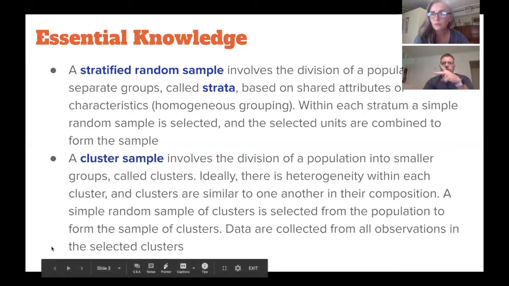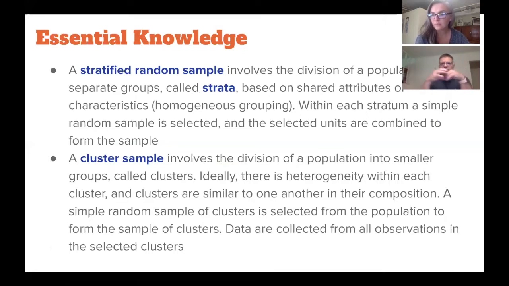So then there's two other ways when randomly picking people using a random number generator, throwing numbers in a hat, or a random number table isn't always feasible or economically valuable.